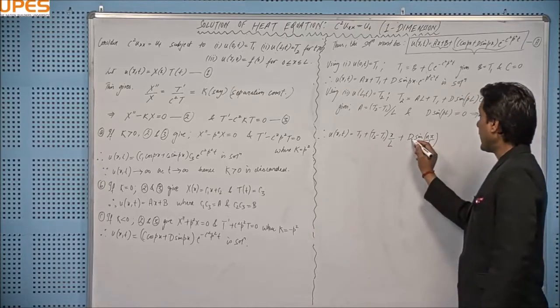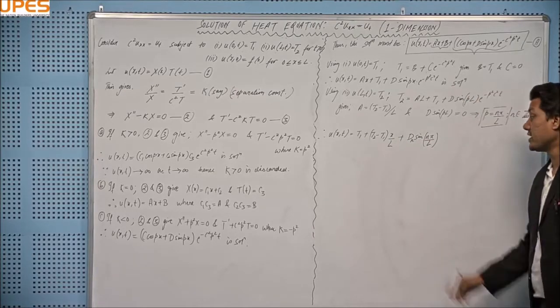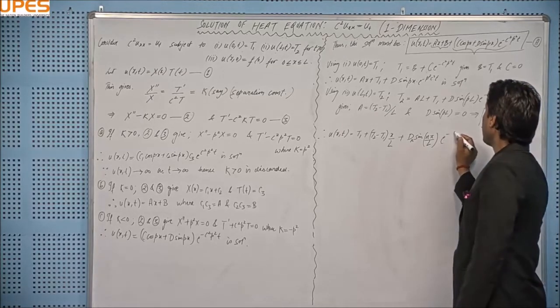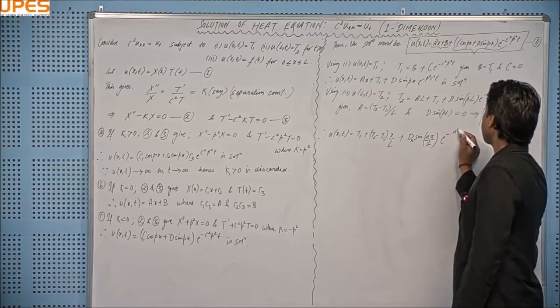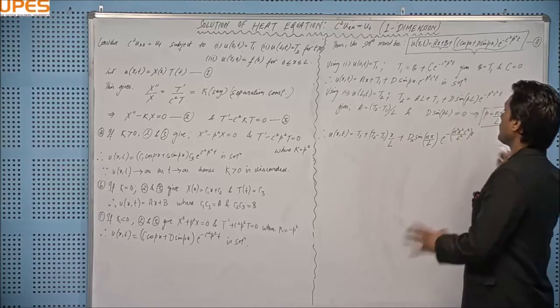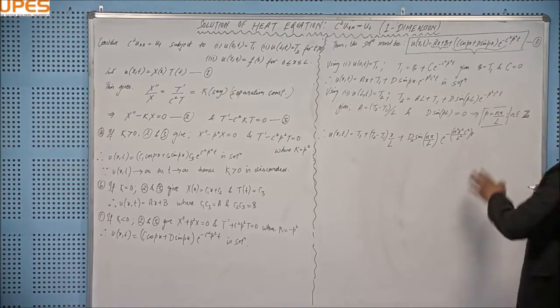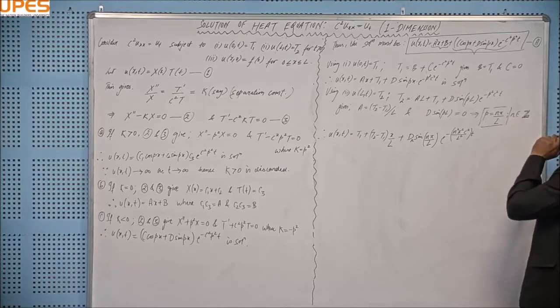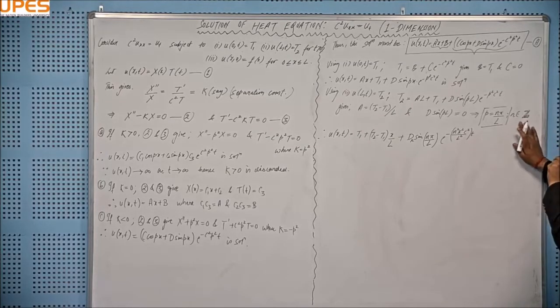E to the power minus n square pi square c square over L square t is the solution, and you should note that n is an integer.